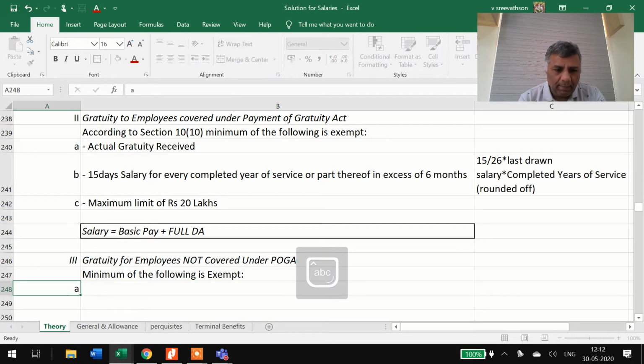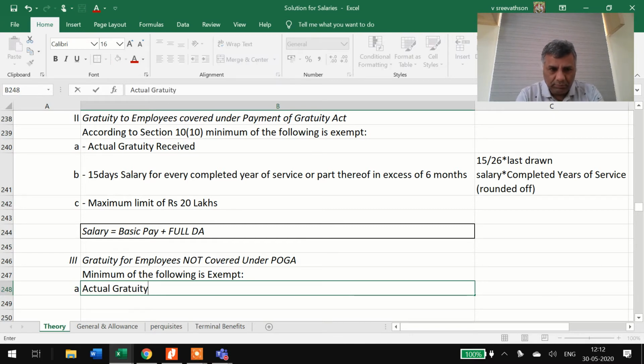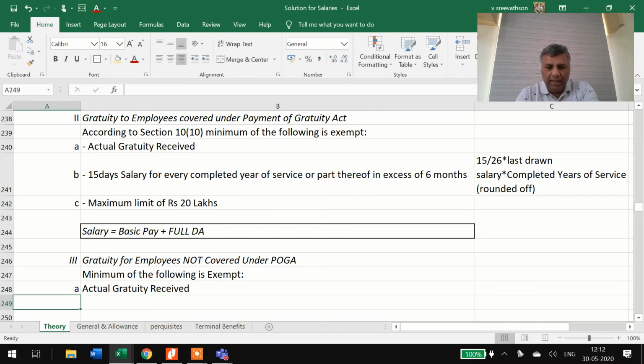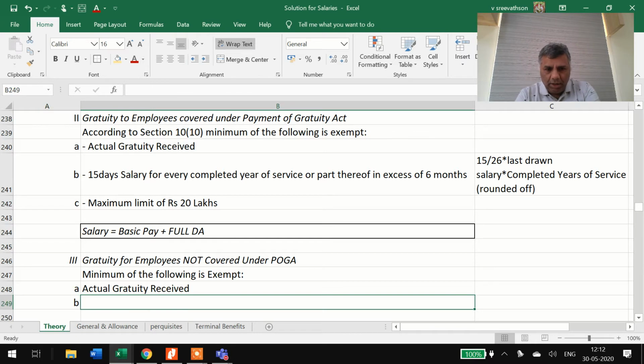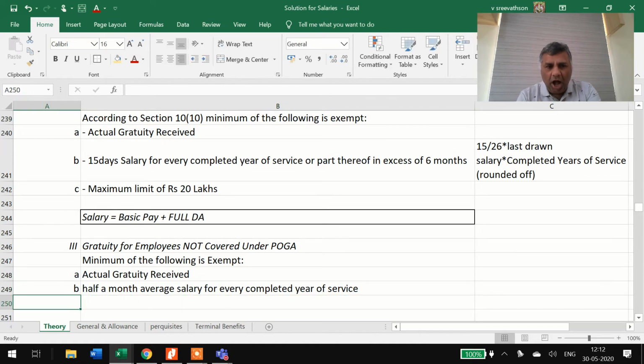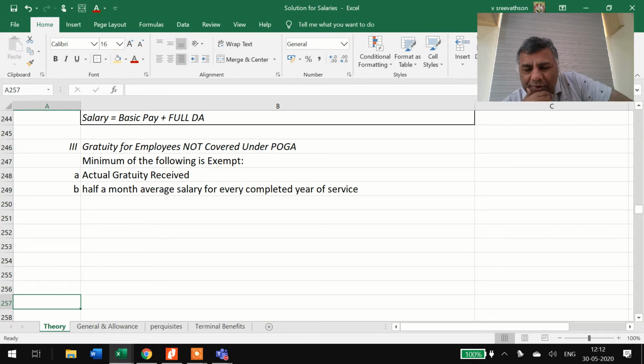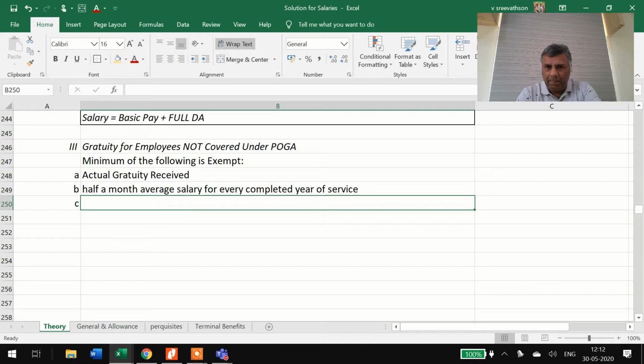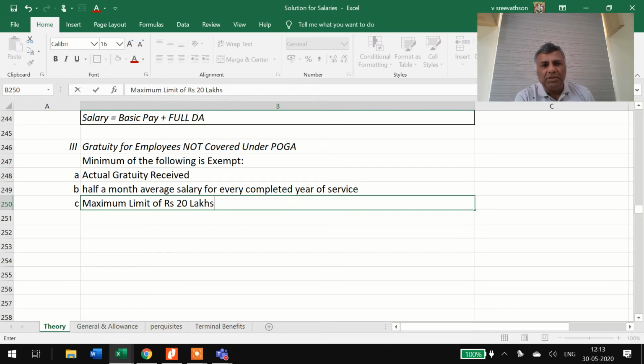A. Actual received. B. Half a month average salary for every completed year of service. C. Maximum limit of rupees 20 lakhs.